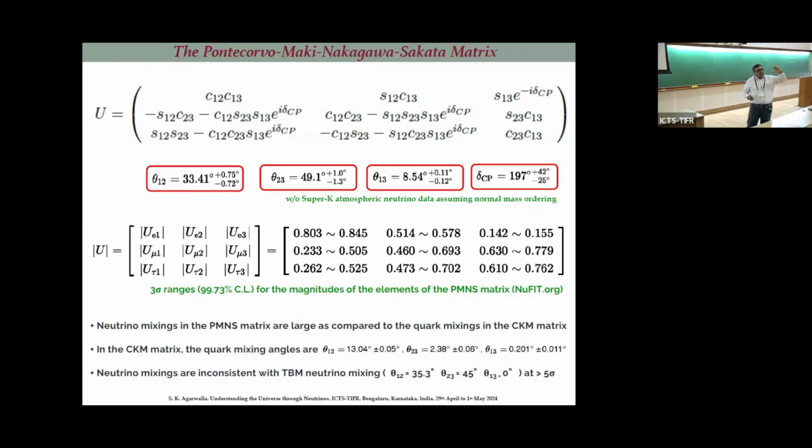Now, I want to tell you, in the global fit picture, the most notorious data set is Super-Kamiokande. It is very difficult outside the collaboration to fit their data. If they provide some information, we just take it and use it, because most of the time we don't have publicly available information.